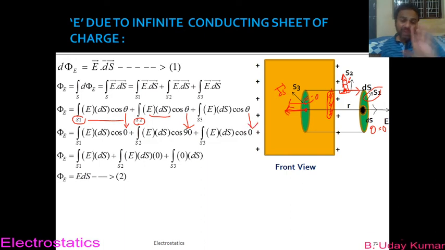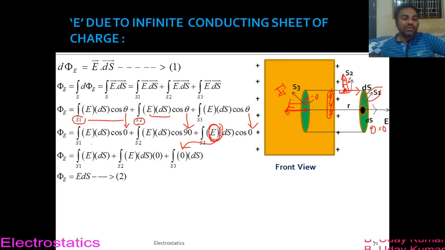If you assume there is an electric field intensity inside the conductor, that theta will be 0, but actually it is not there. If you assume it is there, it is non-zero, but since it is not there, you can substitute 0 in place of E, that's it.